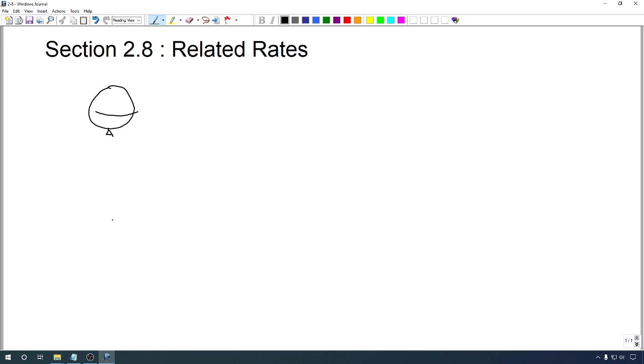For instance, if there's not much air in the balloon already, and we're blowing it up, it's going to expand quite rapidly. But if we already have a lot of air in the balloon, and we put the same amount of air into it, it's not going to expand quite as much.